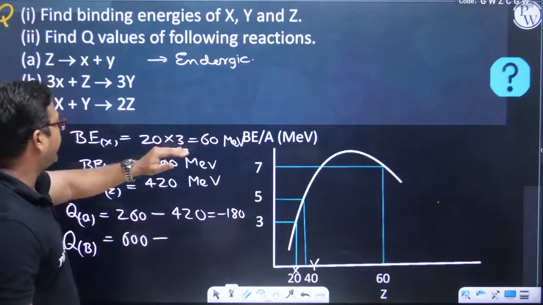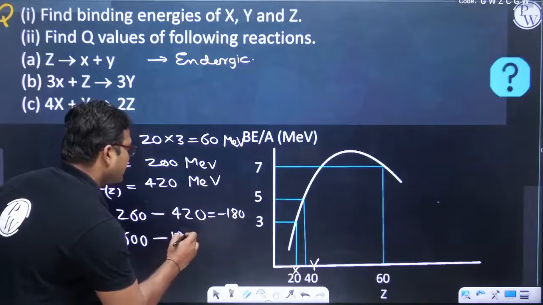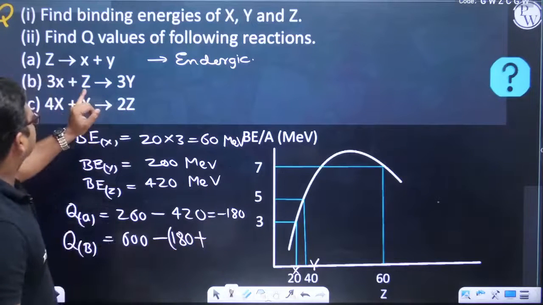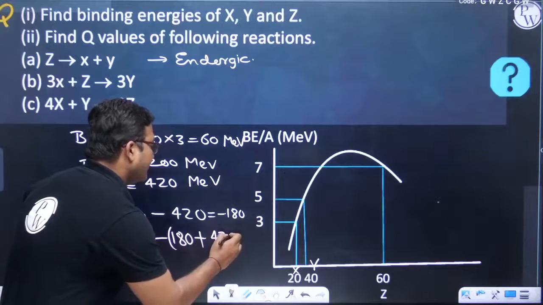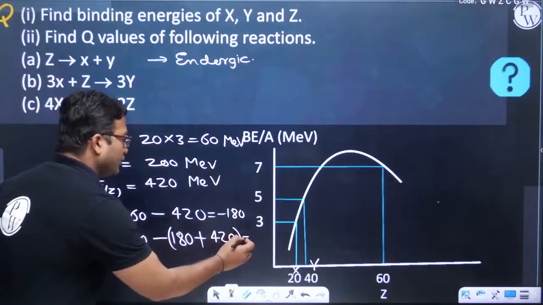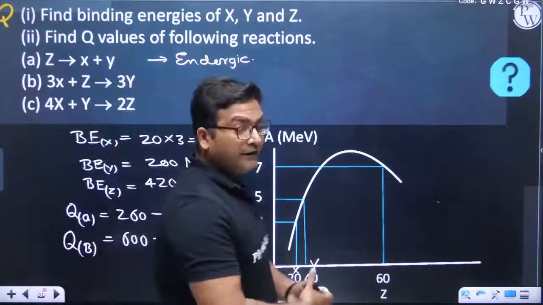For X, binding energy is 60, so 3X would be 180, plus Z, and Z is 420. So let me write it as 420. Okay. So if you calculate this, you get Q value as 0. It means no net energy is being released in reaction 2.